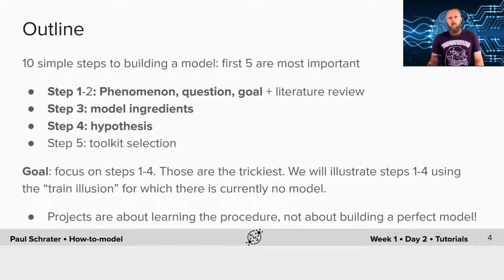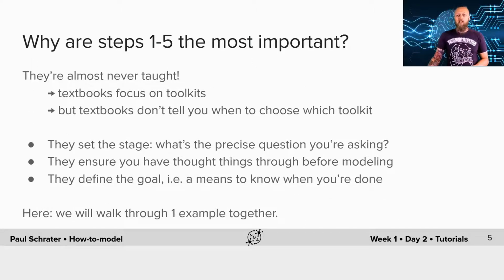And we will essentially try to convey the way that the thought process works by doing some role play, so that you can get a feeling of what it entails, and also learn from some of the pitfalls that we will present. And I want to emphasize and remind you that the projects are about learning the procedure, not about building a perfect model. So why are those first steps so important?